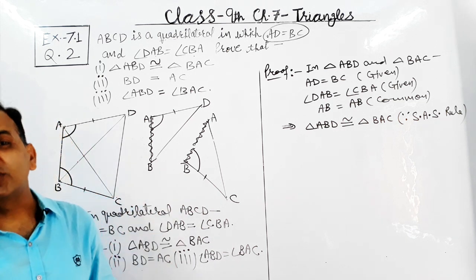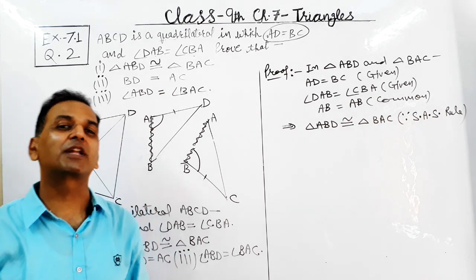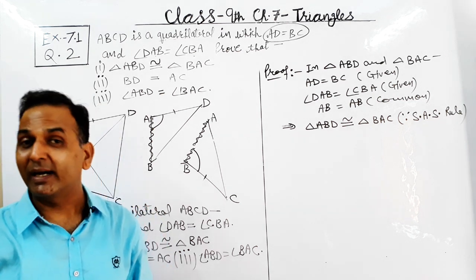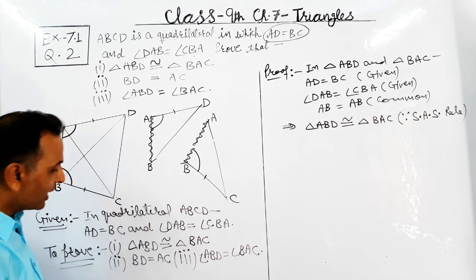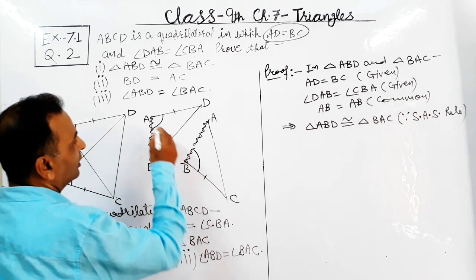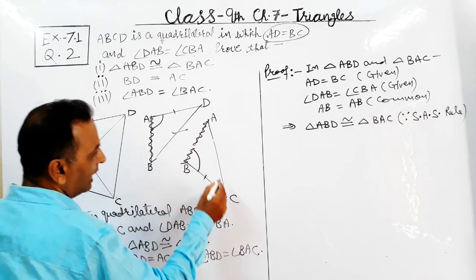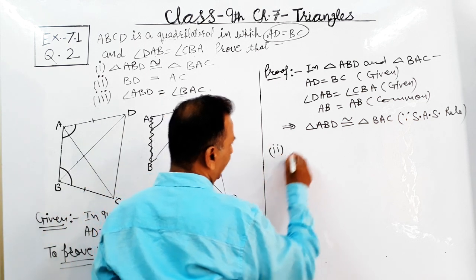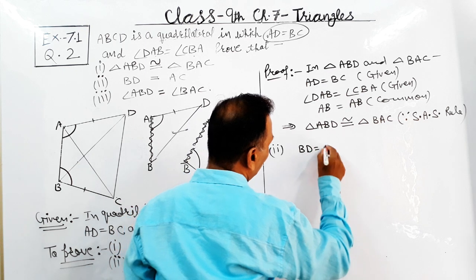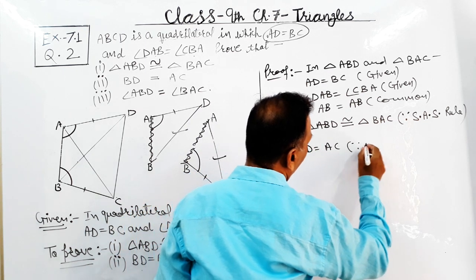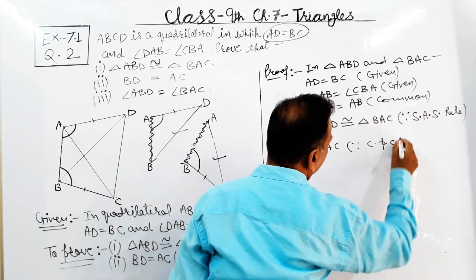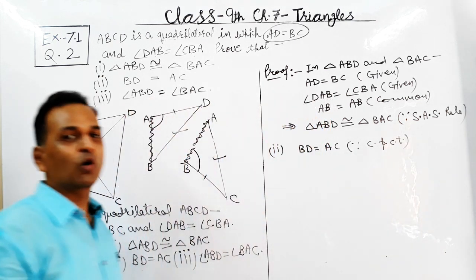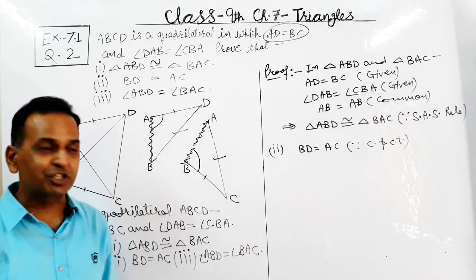By SAS rule we can say these two triangles are congruent to each other, and because these two triangles are congruent, their remaining corresponding parts will also be equal by CPCT. The remaining parts are BD and AC. This is BD, this one, and this is AC. They are equal, so the second part is BD equals AC. Why? Because CPCT, that is corresponding parts of congruent triangles, are always equal to each other.